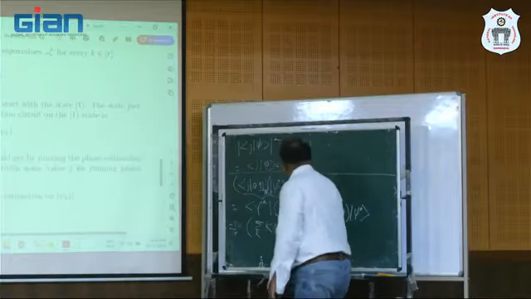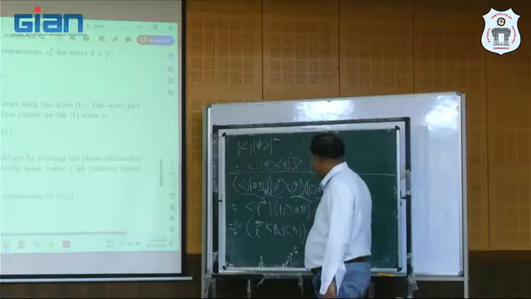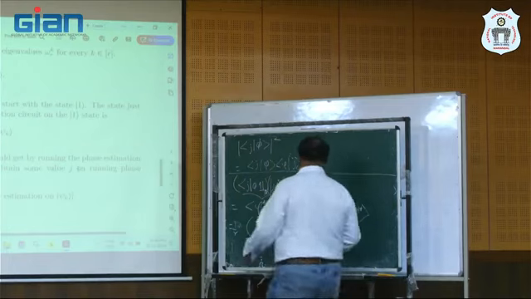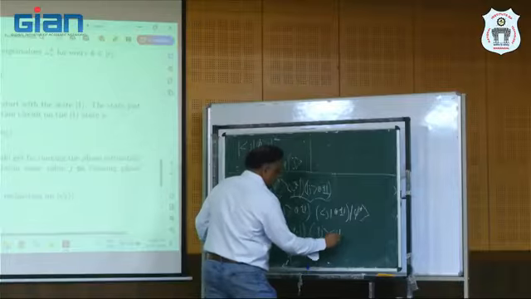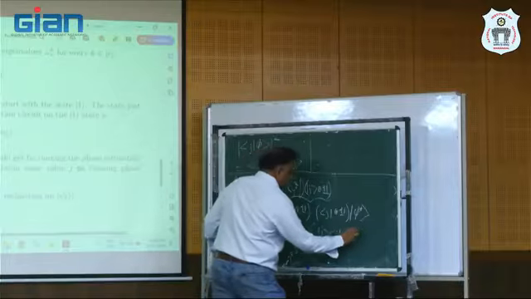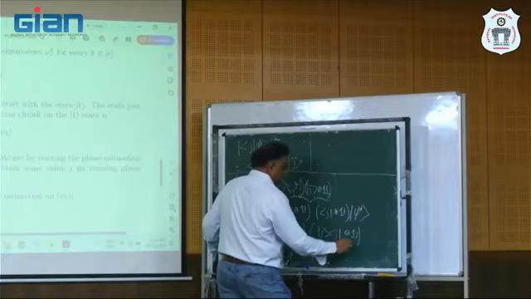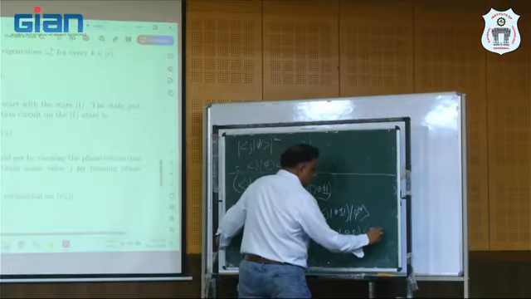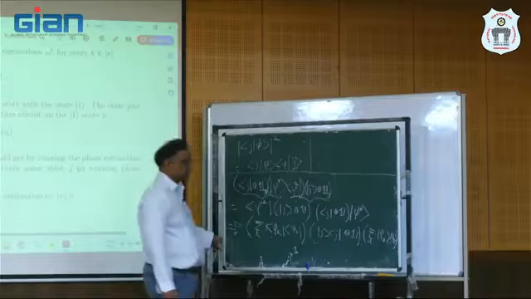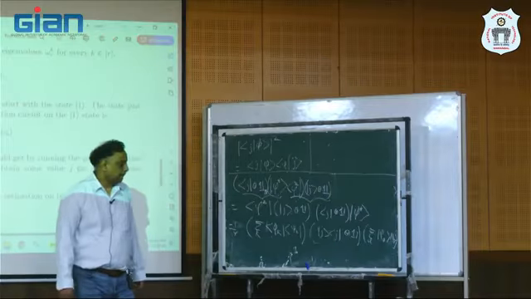What is this? J with J. So that is J with J, tensored identity, correct? Then summation L phi L psi L. Agreed?